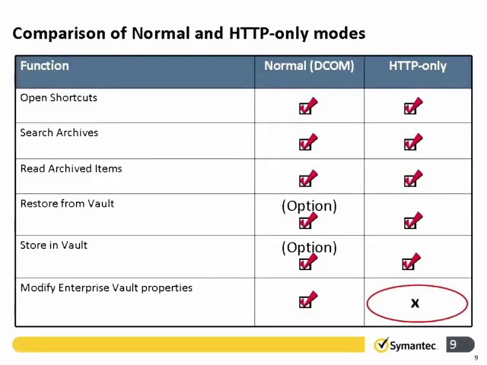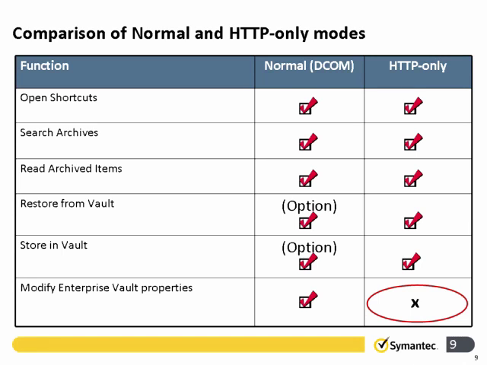So we've created a little table here that gives you the ability to compare and contrast what is available. When we are using normal, we will be making DCOM, or distributed component object model, calls between the Enterprise Vault environment and the clients. In both versions, we have the ability of opening shortcuts.